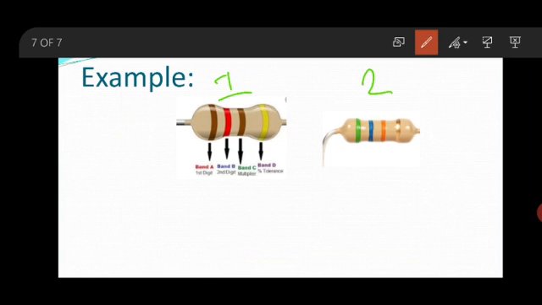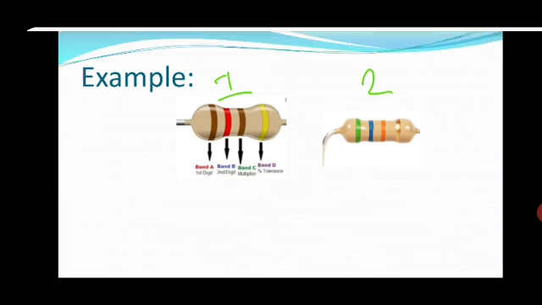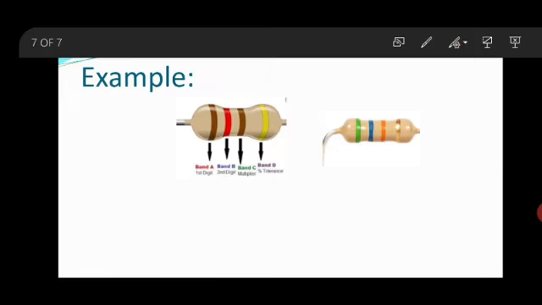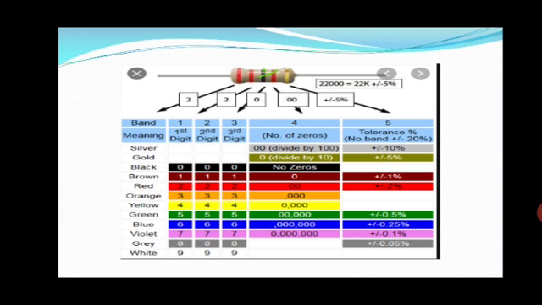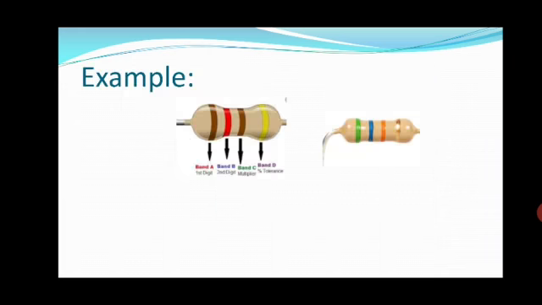There are 4 circles. When there are 4 circles, how many digits are to be inserted here? First digit, second digit, third digit, fourth digit. That means there is no indication of a fourth digit.